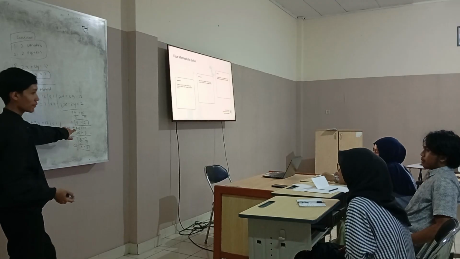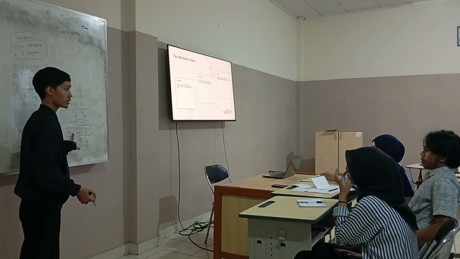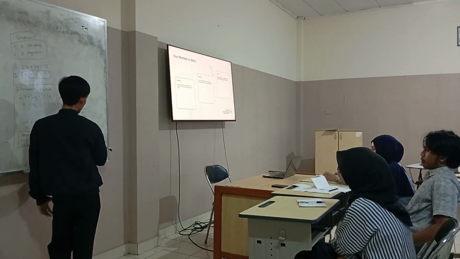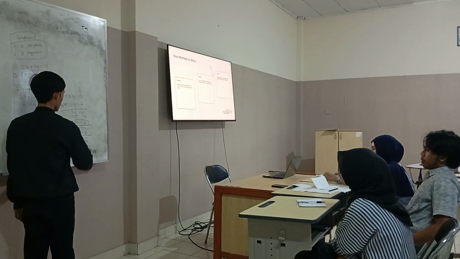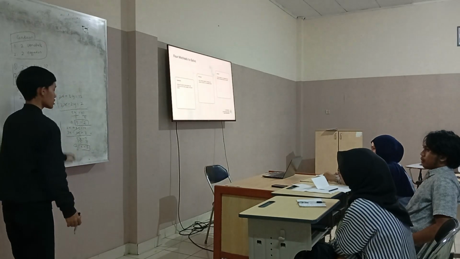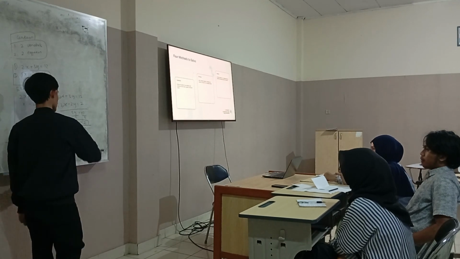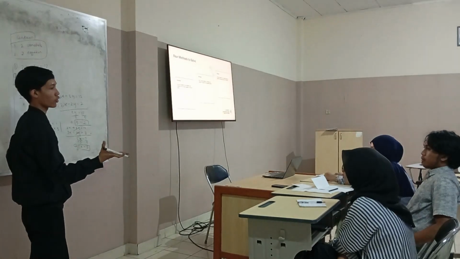Now, if we have different signs, positive and negative or negative and positive, we can use the plus here, so we get 0y, and that is how we use plus and minus in this elimination method. Do you get it?